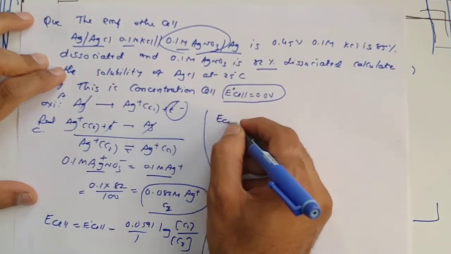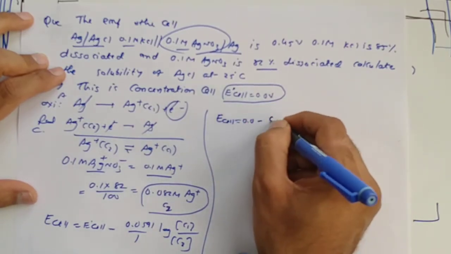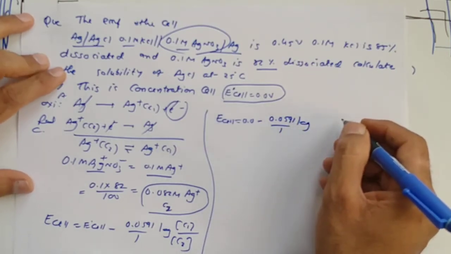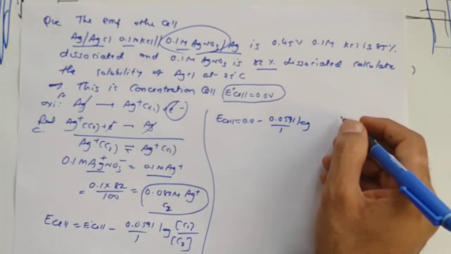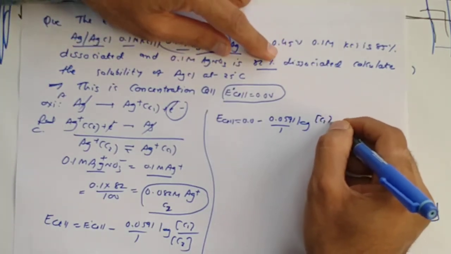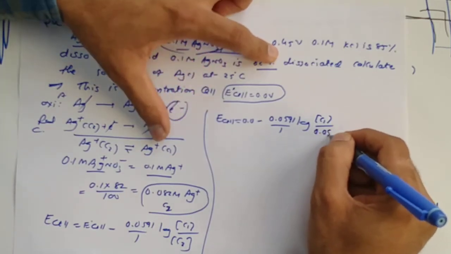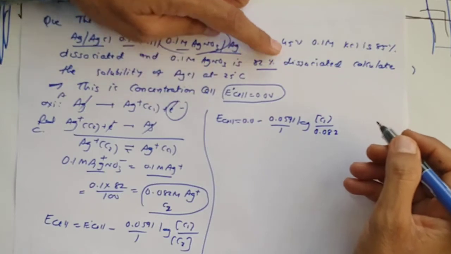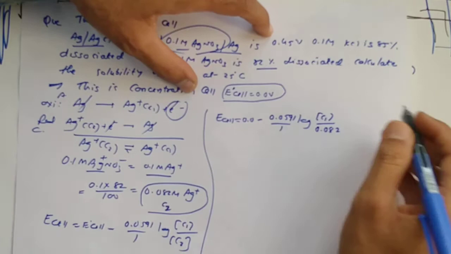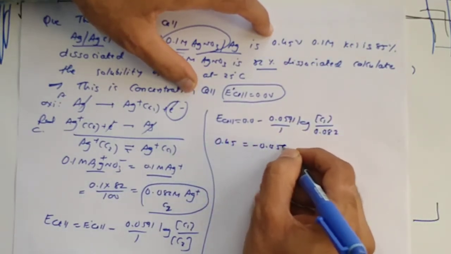Here E cell equals E degree cell minus 0.0591 upon 1 log C1, which we have to define, and C2 is 0.082. For the cell, 0.45 is given.